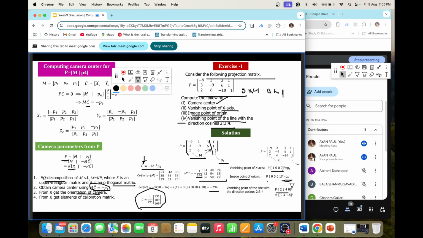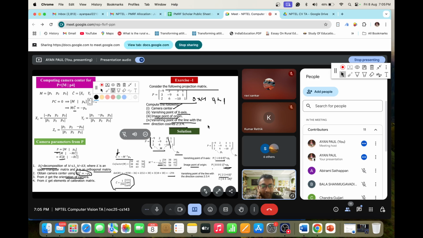So with 2 3 4 0 transposed, 3 cross 4 into 4 cross 1 gives 3 cross 1, and we get the answer 0 3 minus 18. Is it clear to all of you?